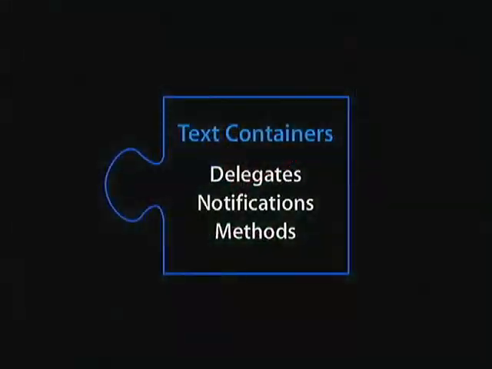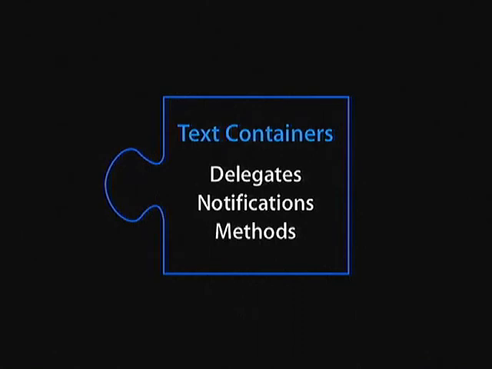So, text containers here are things like text views, text fields, other places where you can input text. And if we peel off the little shiny blue wrapper on top here, ways of customizing text containers include things like delegates. As I was mentioning, if you set yourself up as the delegate for a text field, you can influence the behavior by allowing or disallowing certain input, customizing the behavior when the return key is pressed, things like that.